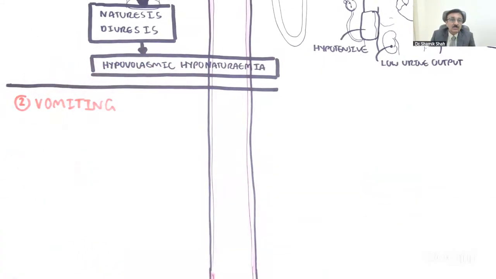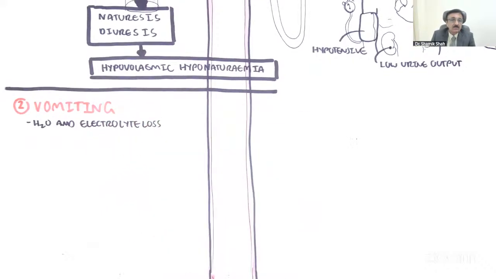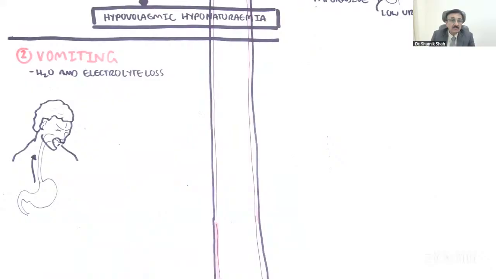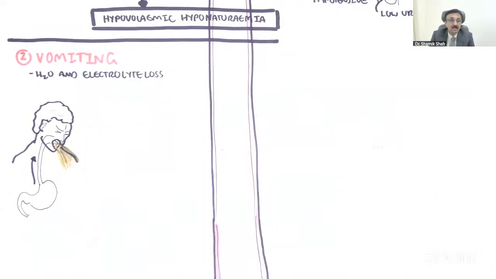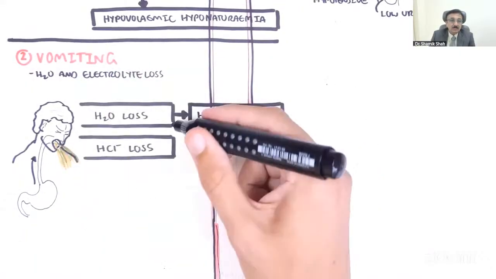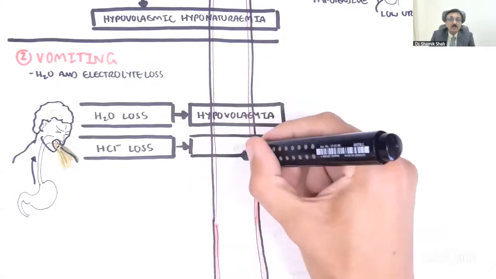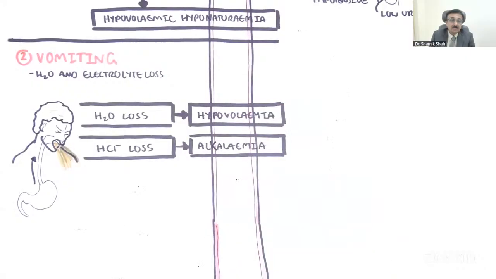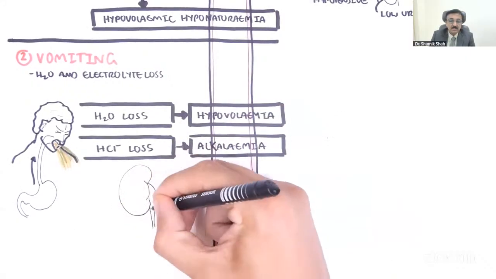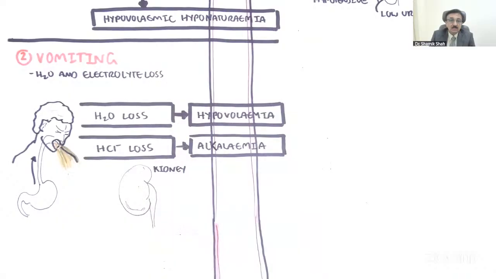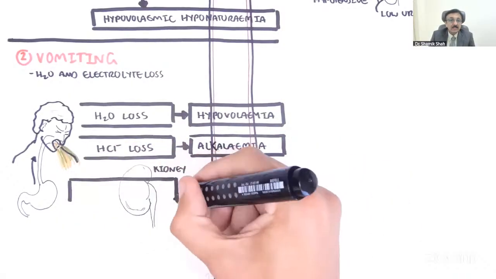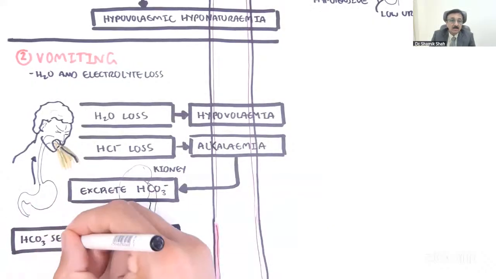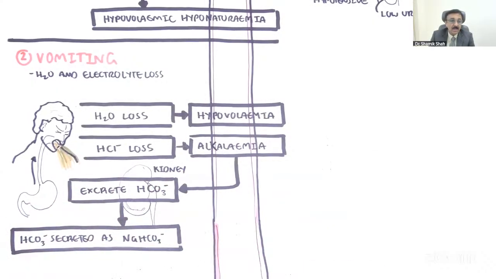Another important cause of hypovolemic hyponatremia is, of course, vomiting. In vomiting, we will have water as well as electrolyte loss, right? A lot of hydrogen ions are lost through hydrochloric acid. So water loss causes hypovolemia, and hydrogen ion loss through the gastric acid causes alkalosis or alkalemia. So the kidney, of course, has to come into action, and it has to excrete more bicarbonate to make this balance.